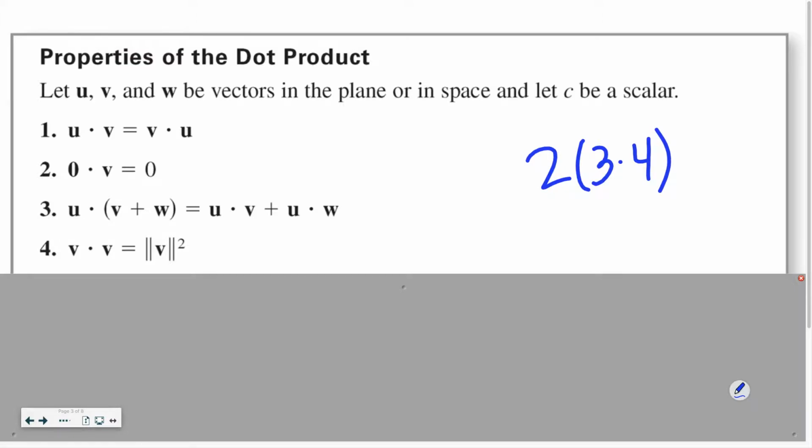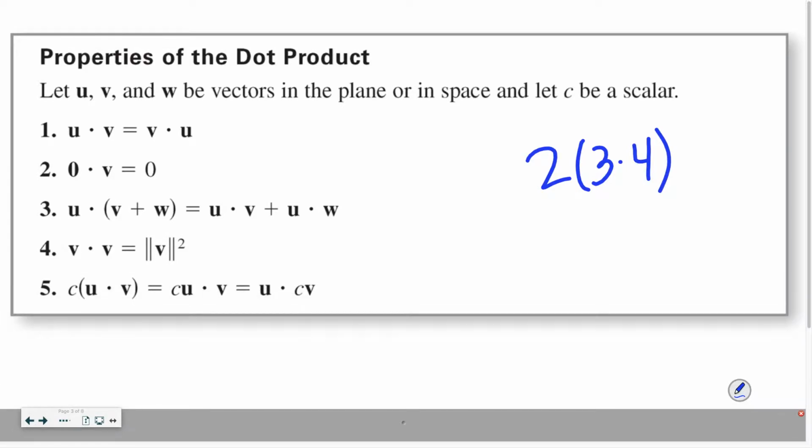If I asked you to give me this value, what would it be? 24, because we multiply two numbers together and then take that product times the other one, right? So if we have a dot product and a scalar that's multiplied to it, this is multiplication. We don't distribute through multiplication, do we?